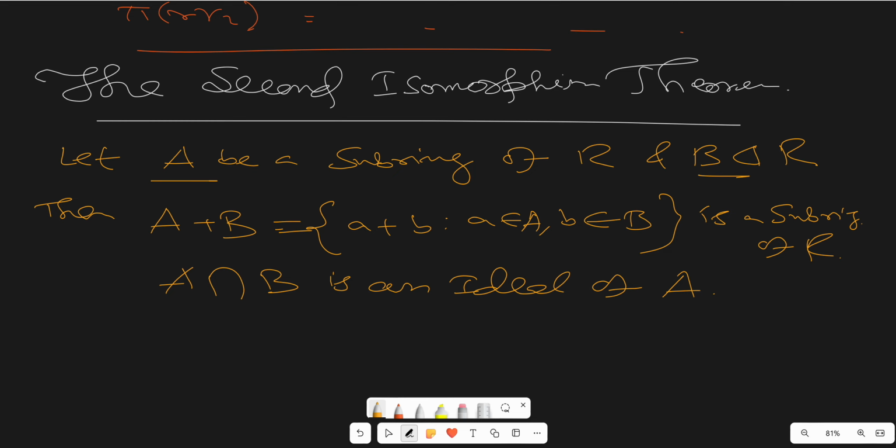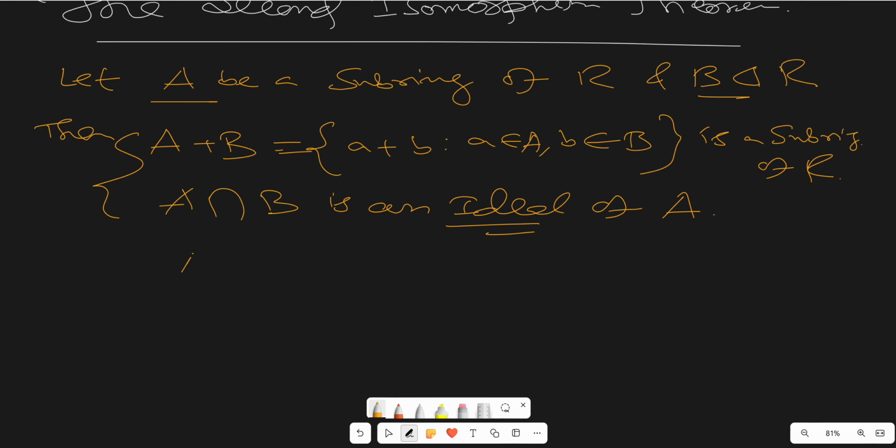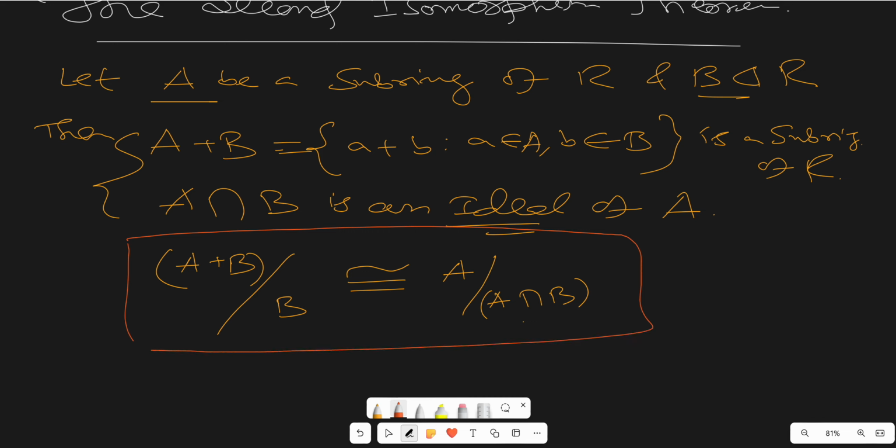Here it converts into an ideal. That's it, there is nothing new here. And what else does it say? It says that A plus B quotiented by B, because B is an ideal so we can quotient, is isomorphic to A mod A intersection B, because A intersection B is an ideal of A. That's it. This is called the second isomorphism theorem.